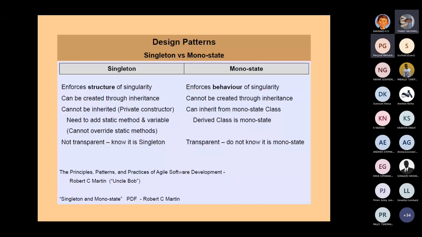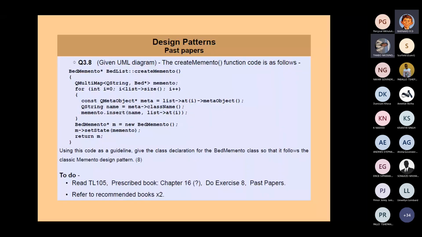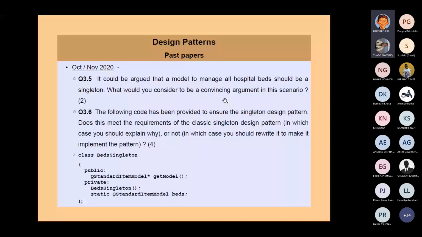Yes, I had another question. Okay. On the memento design pattern, if we added a get memento method, would that allow the originator to double hat as a caretaker? No, the originator can't fulfill both roles.